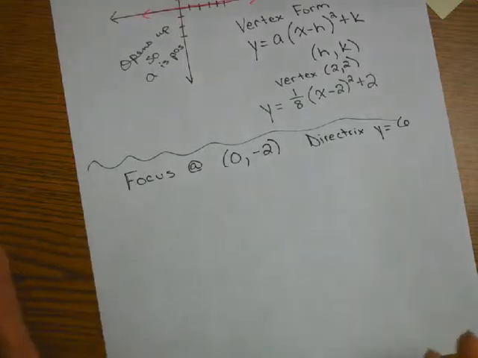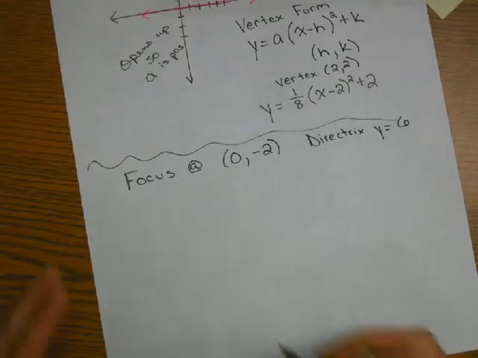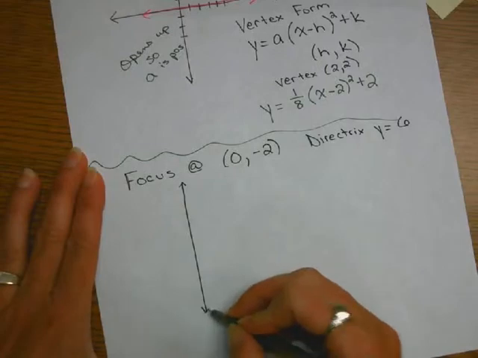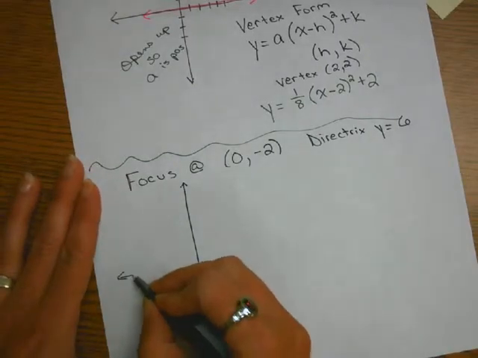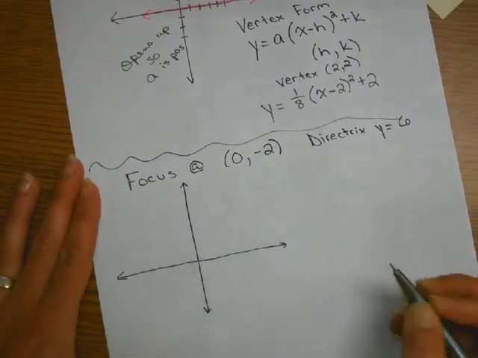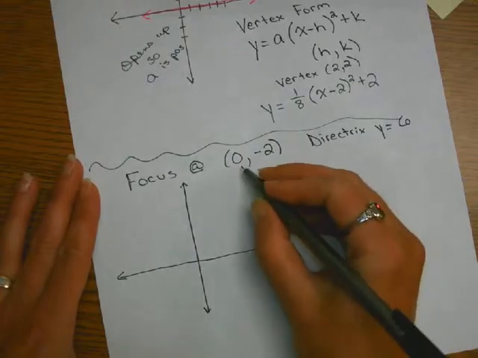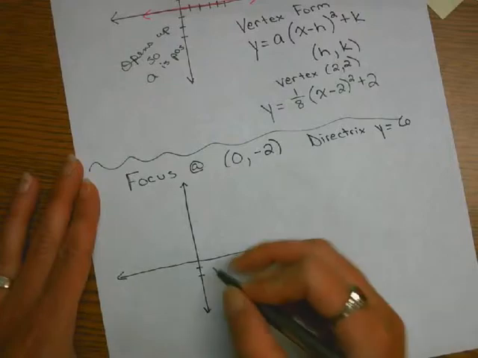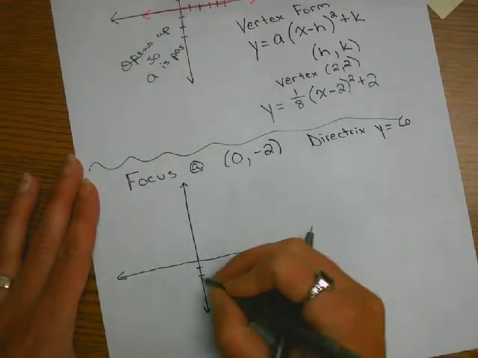Okay, so in your book it gives you a very long explanation of how to do this. I want you to think reasonably. So let's sketch it. So we make our little graph. Focus is at 0, -2. So 1, 2. There it is. 0, -2.